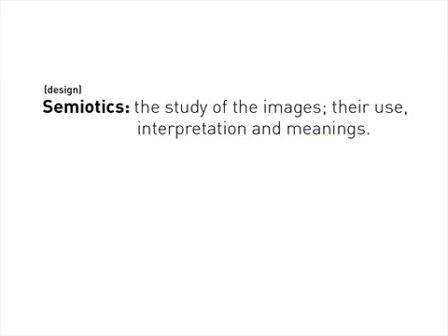Even the word graphic, something that is graphic, it doesn't mean that it's exceptionally violent or other things. It means that it's rendered into very few forms. It's either black or white. It's simple shapes. That's what graphicness means.